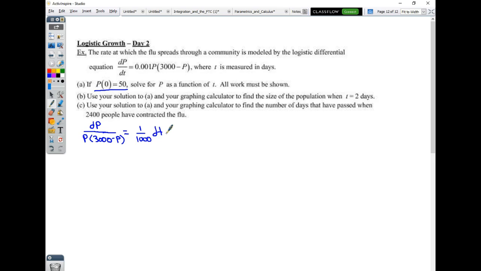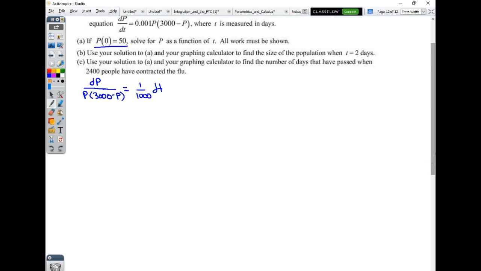I look at the problem and recognize that to integrate this, I need a partial fraction decomposition.